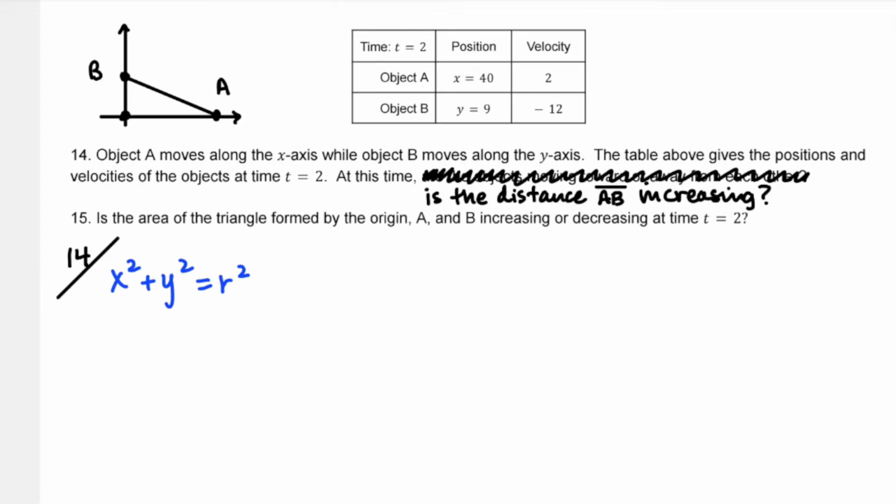The velocity of object B would be dy dt. Dr dt is going to be telling me if the distance AB is increasing or decreasing, because r is that distance. So if I take the derivative of this, I would get 2x dx dt plus 2y dy dt, and that would equal 2r dr dt.